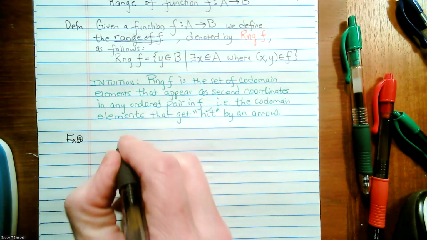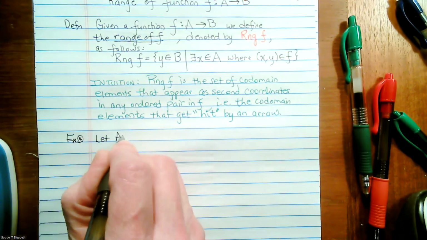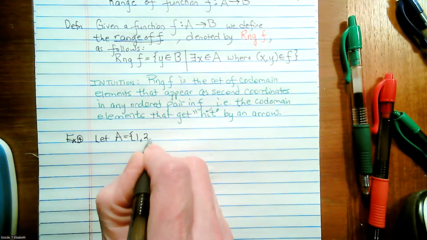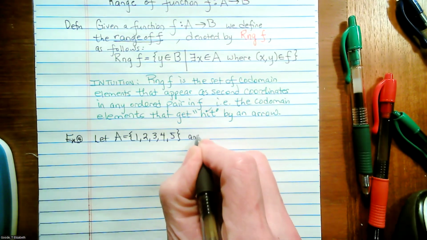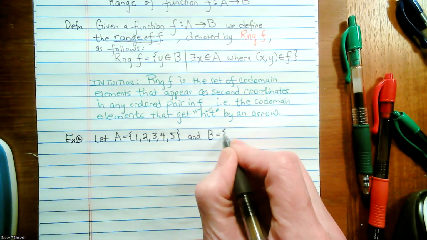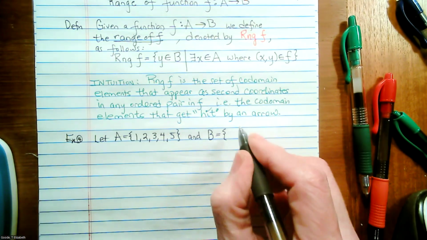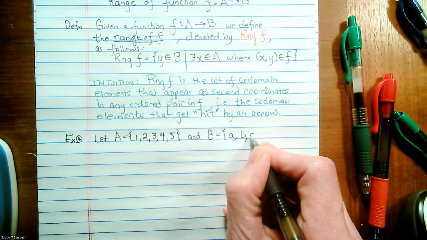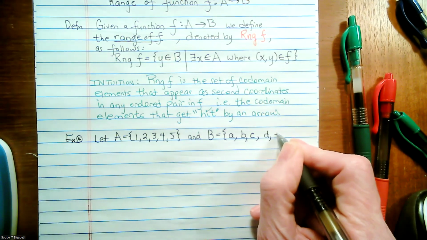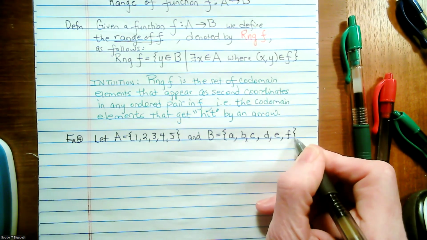Well, let's let A be the set containing 1, 2, 3, 4, and 5, and B be the set containing the elements, and now these will be lowercase alphabet letters: little a, little b, little c, little d, little e, and little f.